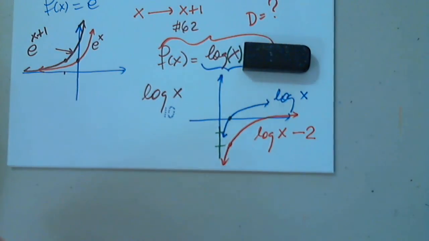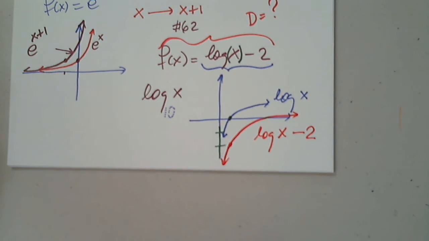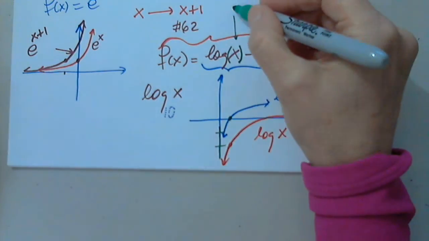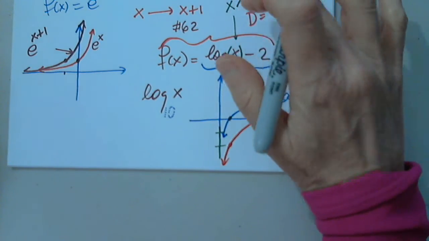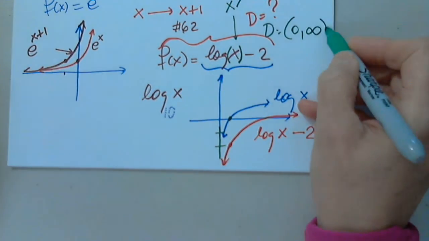So what will I write in order to find the domain of this function? It's okay if you're wrong. 0 to infinity. Excellent. So I will write, because log is applied to x, x greater than 0. This is the restriction or the condition that will give us the domain as 0 to infinity.